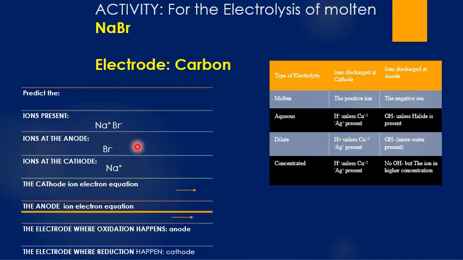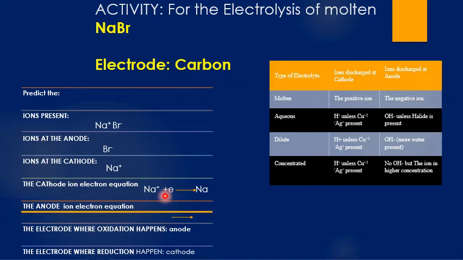Now the cathode electron equation. So you're going to have sodium. Na+, the sodium ion, is going to become an atom. So Na+ plus e-, you see this plus here, you're just repeating it back.